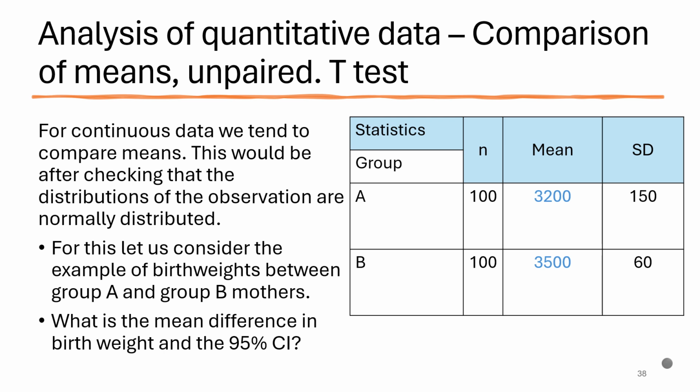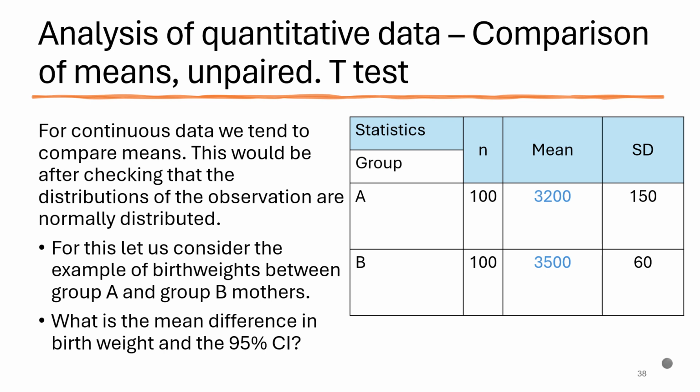But what we actually want is for the distribution of the errors to be normally distributed. When we do regression, the distribution of the errors should be normally distributed. So even if the variable you started with wasn't normally distributed, it's still fine to use a regression if your errors are normally distributed.